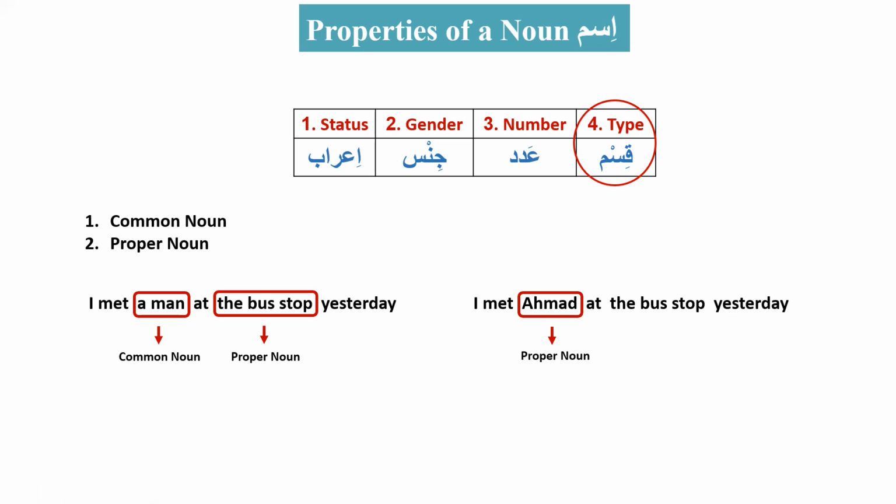So the word in Arabic is al, right? So when al comes with a word in Arabic, it is a proper noun. Otherwise, it will be common. So we already know that when the comes with an ism, it becomes a proper noun. So it is not just any bus stop. I'm talking about a certain specific bus stop.